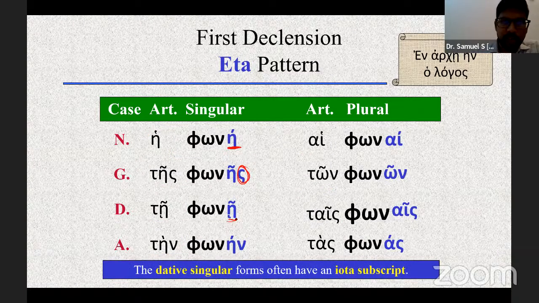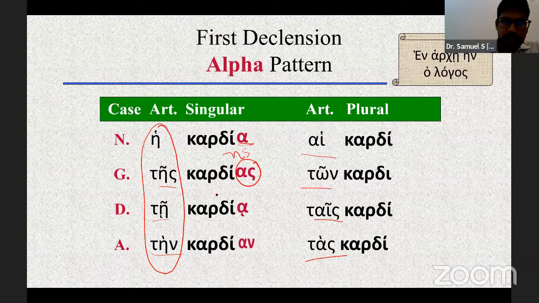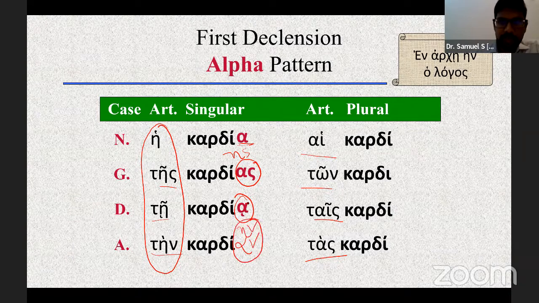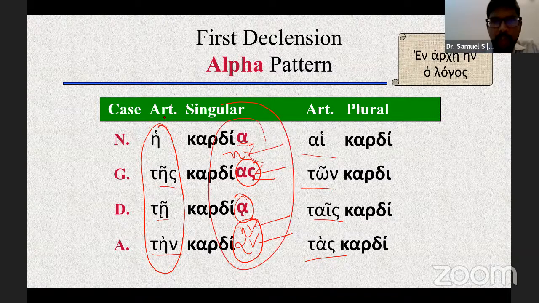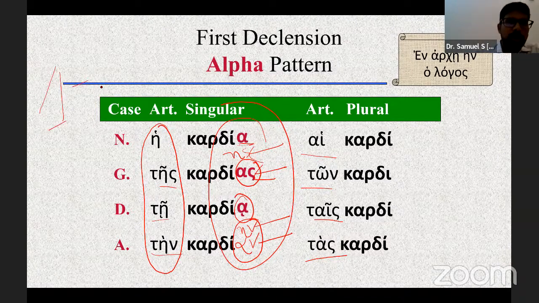Dative singular, eta with the iota subscript. Here, alpha with the iota subscript. And here it's alpha nu. There it is eta nu. So it's the nu ending, it's the sigma ending. So it's very similar, which is why we study it as one group and call it first declension nouns.